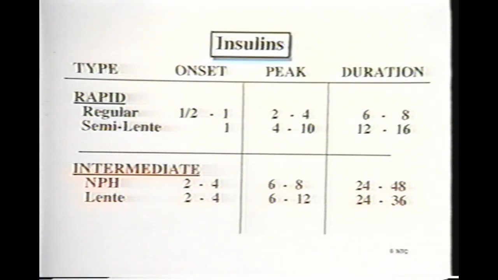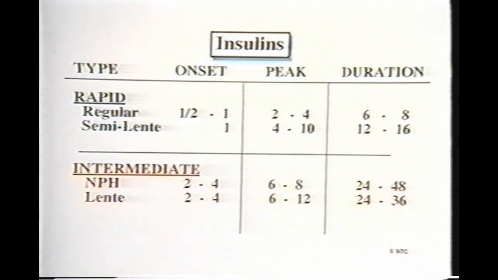And you remember that the hypoglycemic reaction is going to occur at peak action time, because that's when the insulin is taking the glucose out of the bloodstream the fastest. So if it were regular insulin, the answer would probably say mid-morning.